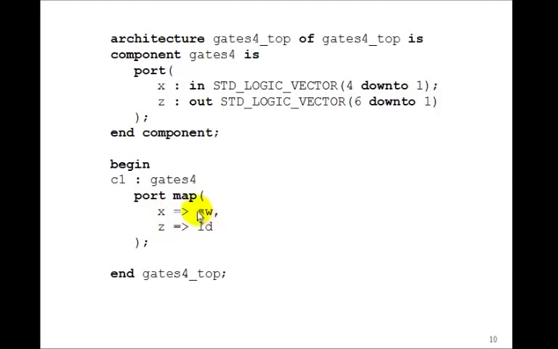As long as the number on each side matches, we can set the 4 down to 1 equal to the 3 down to 0. So the X4 goes to switch 3, and so forth. Same for Z, just connect it to the LEDs, LD 5 down to 0. That's this Z 6 down to 1.